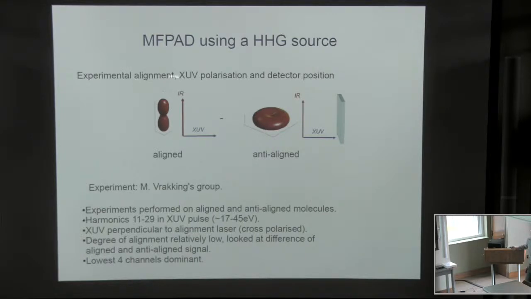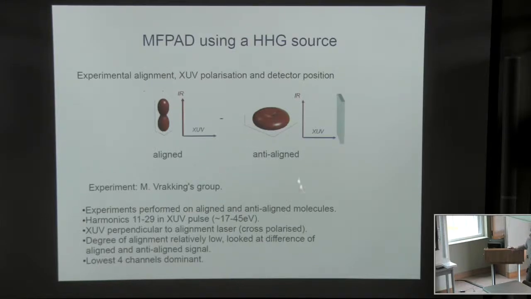So aligned is parallel to the direction of the IR field, and anti-aligned is planar, perpendicular to the direction of the alignment field. Now, the difference between this experiment and the previous experiment that Robert talked about is that instead of having their XUV pulse parallel to their aligning laser, they have it perpendicular.